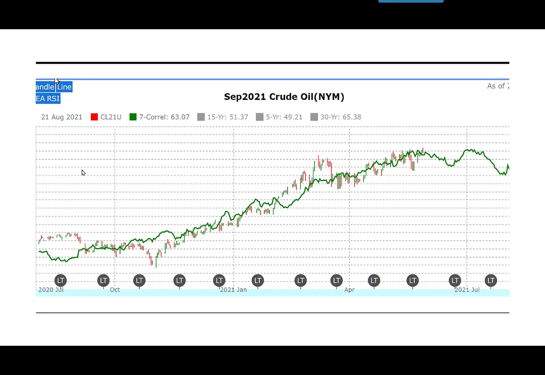On here, you can see a chart of September crude oil, a clear bull market. Then they went back in time and said, let's find all the years that had very similar price behavior. And they combined those years into the green line.